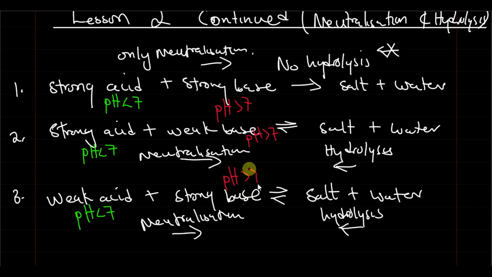Also here, pH greater than 7. Okay, so now remember from the definition of a strong acid. A strong acid is a substance which ionizes completely in water to form high concentration of what? Of hydronium ion. And the base dissociates completely in water to form high concentration of what? Of hydroxide.